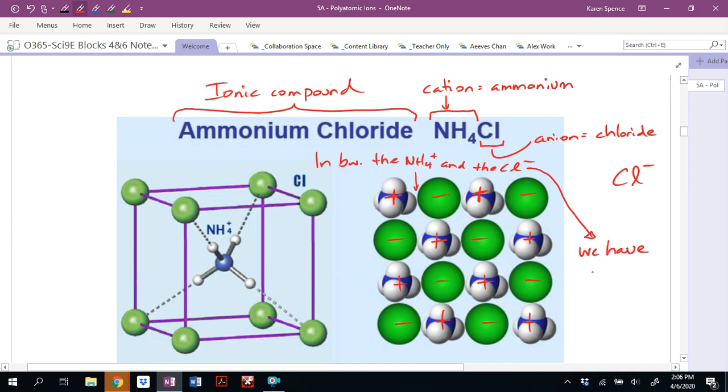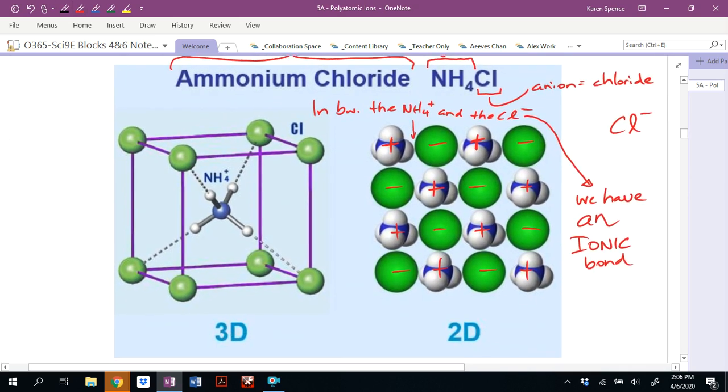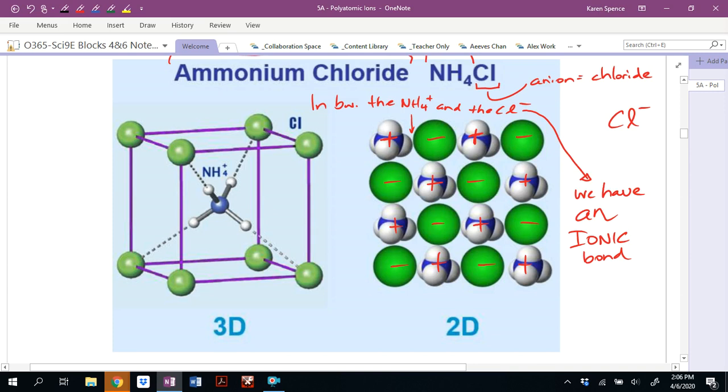We have an ionic bond. How do we know it's an ionic bond between the NH4 plus and the Cl minus? Because it is between a positive ion and a negative ion. Remember, an ionic bond is between a cation and an anion, the positive ion and the negative ion.